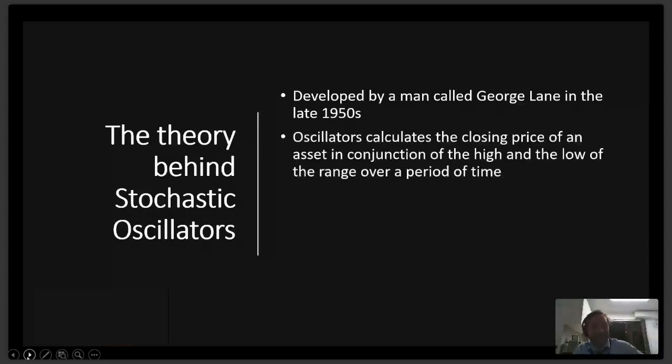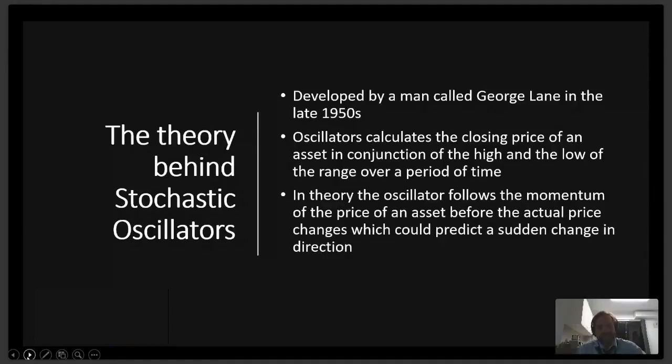Now, oscillators calculate the closing price of an asset in relation to the high and low of the range over a period of time. In theory, the oscillator follows the momentum of the price of an asset before the actual price changes, which can then predict a sudden change in direction.